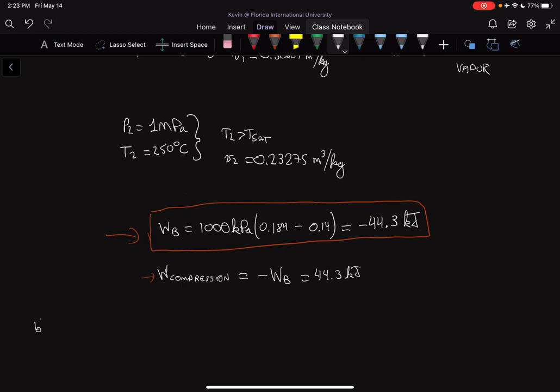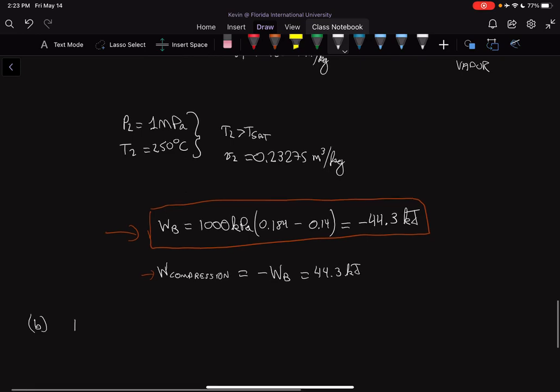So let's go to part B. Part B complicates things a little bit because we're told that we now have a new point 2, where P2 is equal to 500 kilopascals.